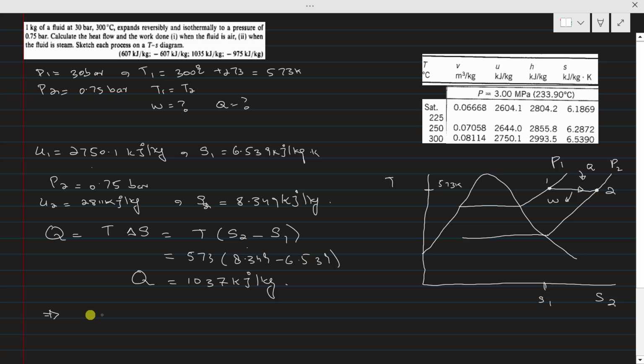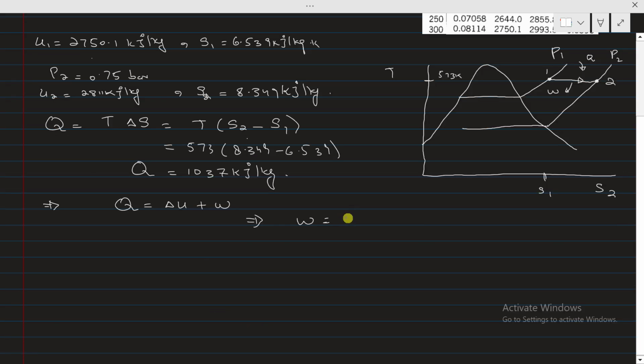Now from the first law of thermodynamics, the heat supplied is equal to change in internal energy plus work done. So the work done is the heat supplied minus change in internal energy.